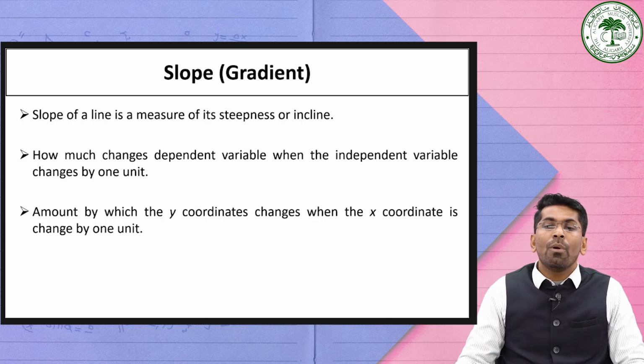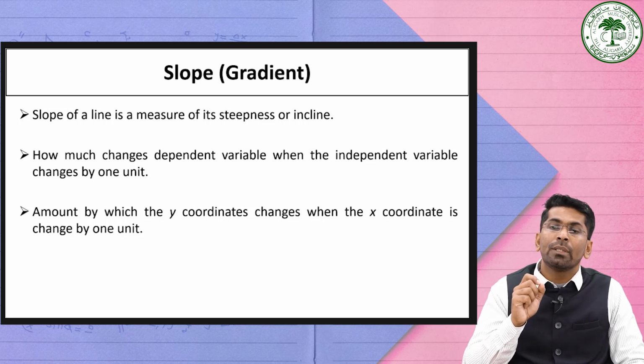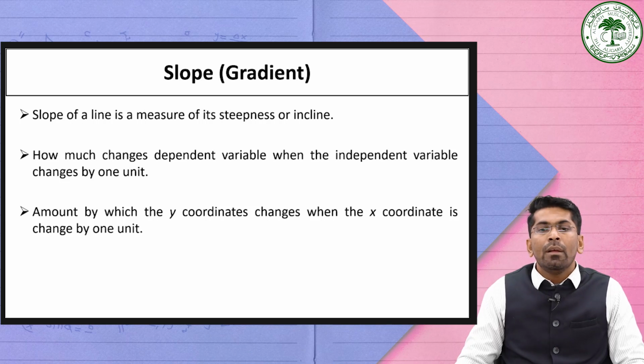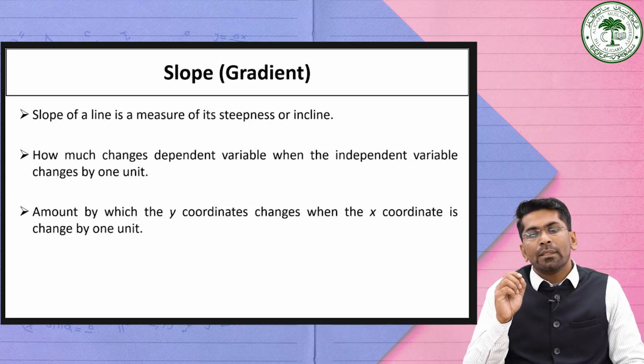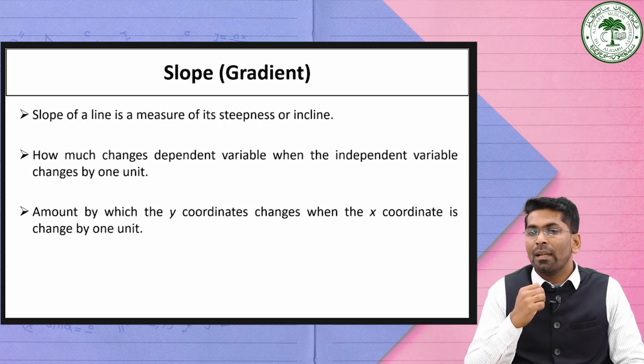So, in this context of the linear function y is equal to mx plus b, m is considered the slope. It represents the rate at which the dependent variable y changes with respect to the independent variable x. The slope of a function is one of the important concepts in economics as well, especially in mathematical economics.